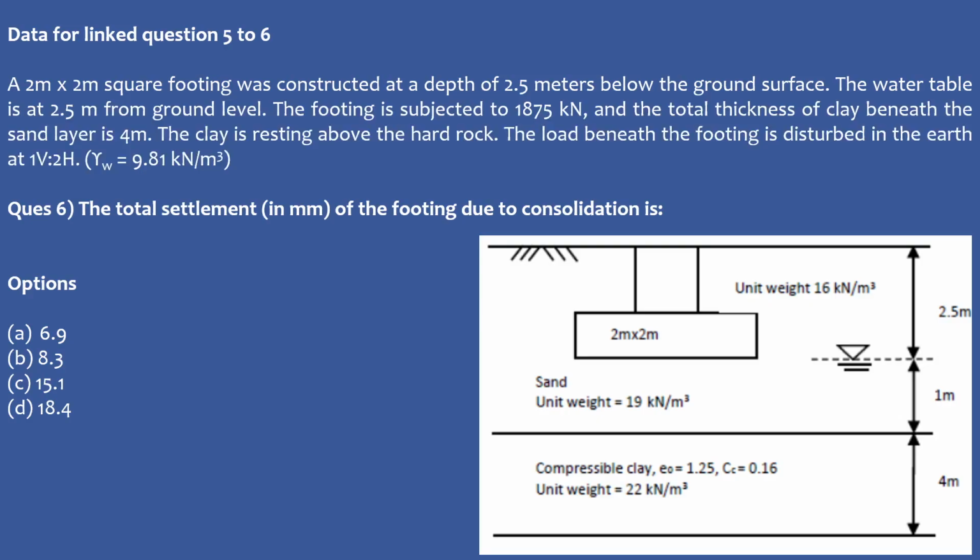The water table is at 2.5 meters from the ground level. The footing is subjected to, let's say, 1875 kN, and the total thickness of the clay beneath the sand layer is 4 meters. The clay is resting above the hard rock and the load beneath the footing is distributed in the earth at one vertical, two horizontal. You need to evaluate the total settlement of the footing due to consolidation.